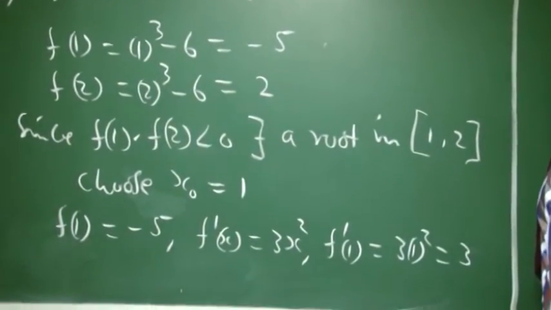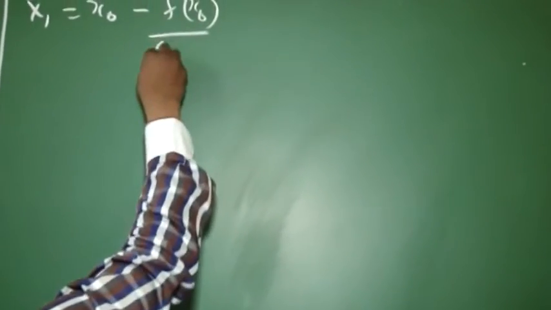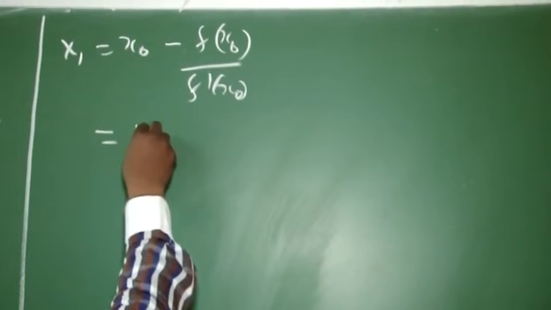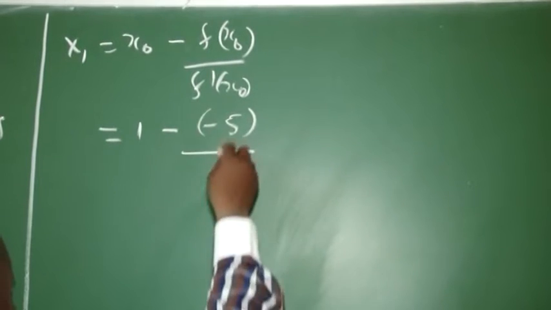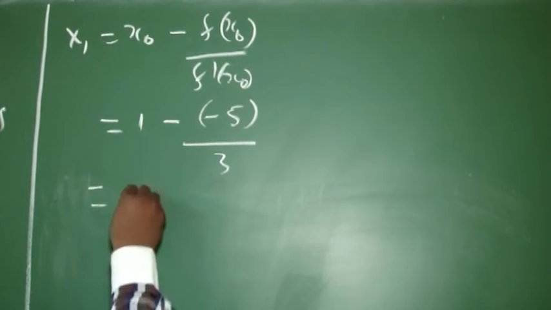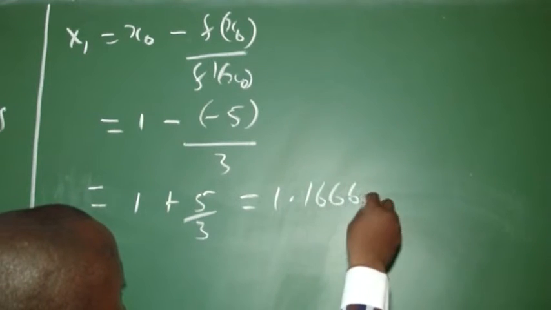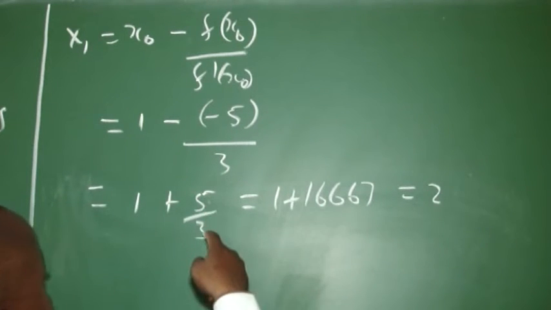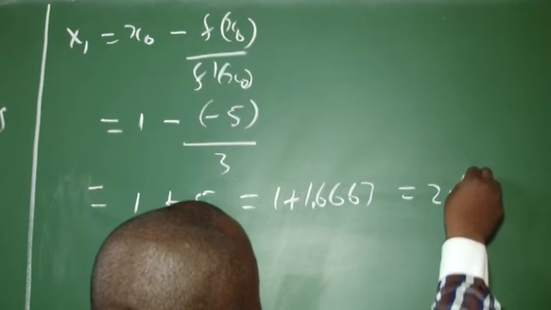So x1 will be equal to x0 minus f of x0 over f prime of x0, which is 1 plus 5 over 3. 5 divided by 3 is 1.6667 approximately, so we have 2.6667.